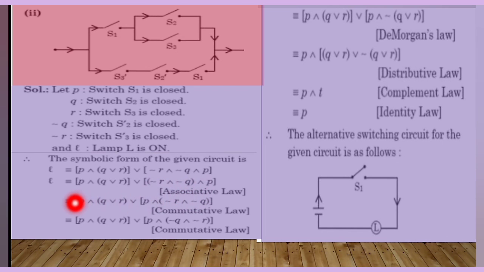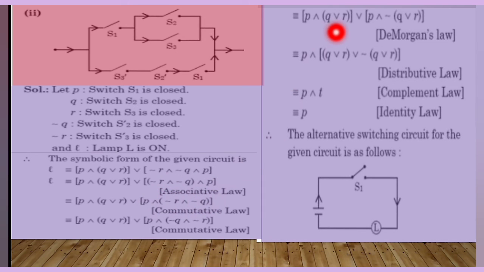Again apply the commutative law in this bracket: Q is written in the first position and R in the second, that means negation Q and negation R. Change here only.